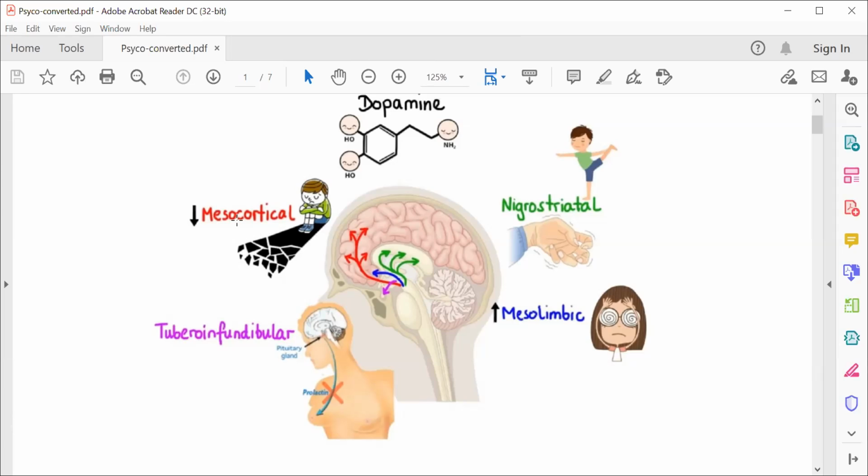If dopamine increases in mesocortical, the negative symptoms will disappear. Okay. But this is not what happens with the first generation antipsychotic, because it blocks the D receptor in the mesocortical, so it makes the dopamine effect less, meaning more negative symptoms. Okay, I got it.